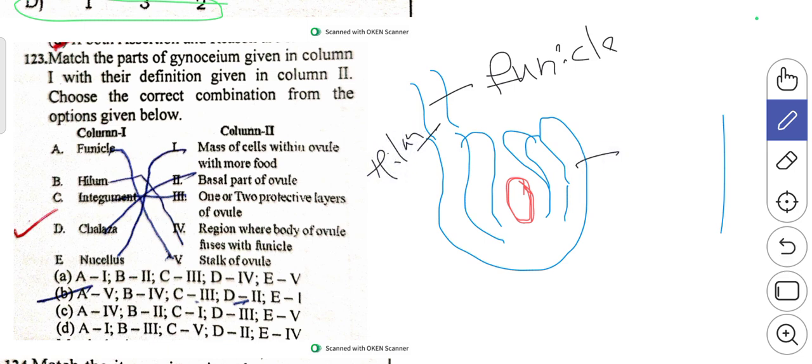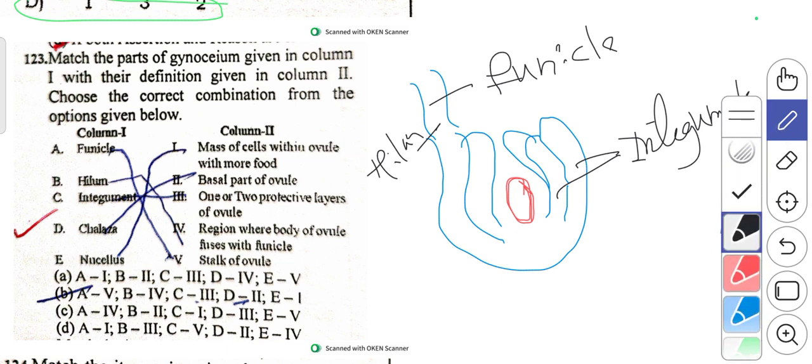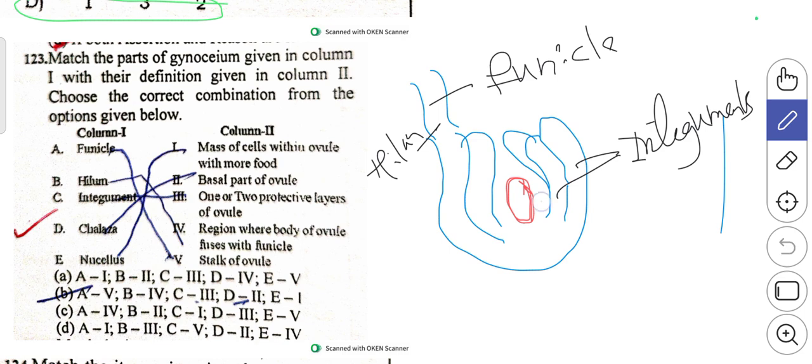These are called the outer and inner integuments. Then you will come across the chalazal region, and also the nucellus. So this part, that is the nucellus.